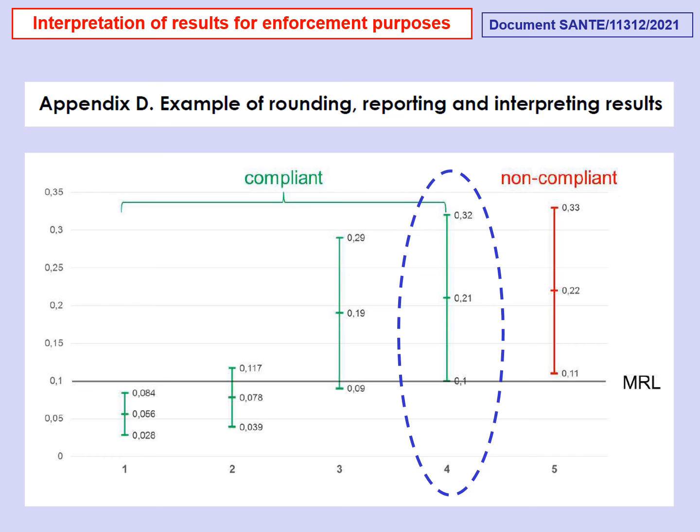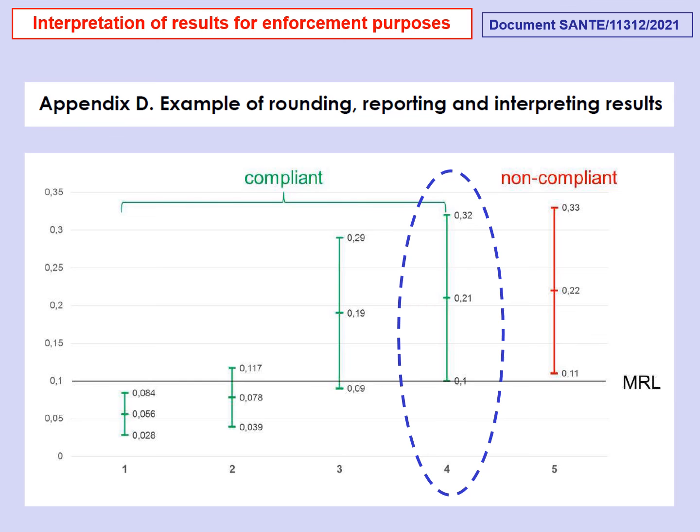Finally, it is worth mentioning that in certain cases, the application of the rounding rules established in paragraph E6 and Appendix D of the document for both the measured result and the estimated uncertainty can create some confusion when deciding if a sample is compliant or non-compliant, according to our decision rule.